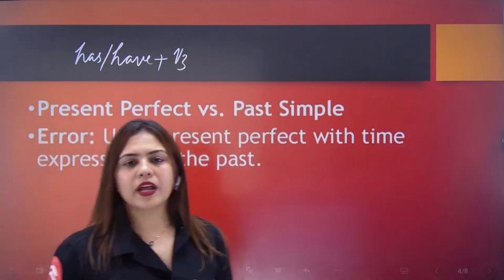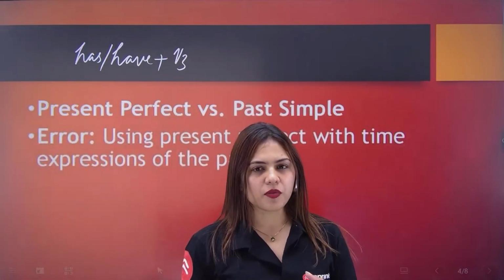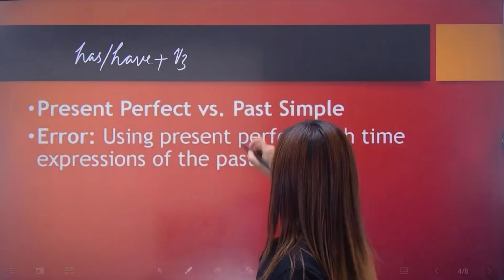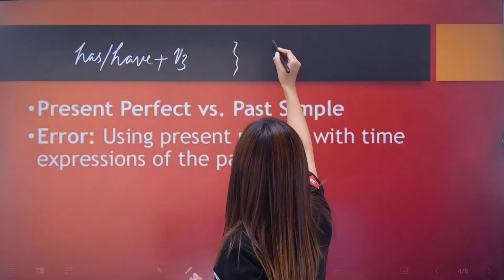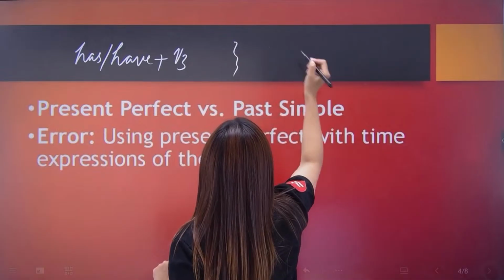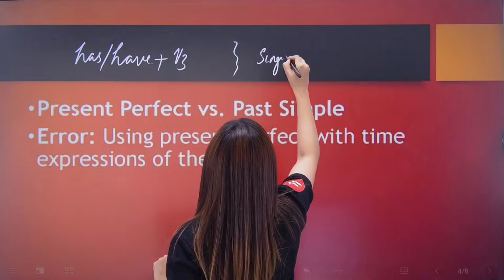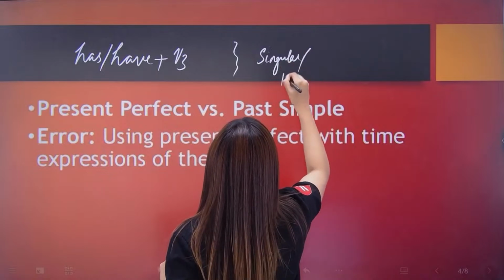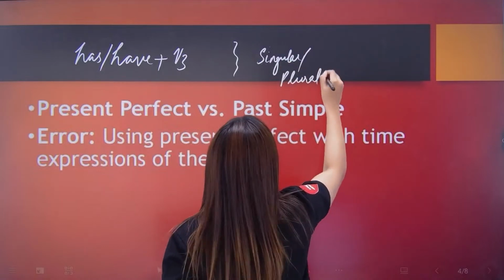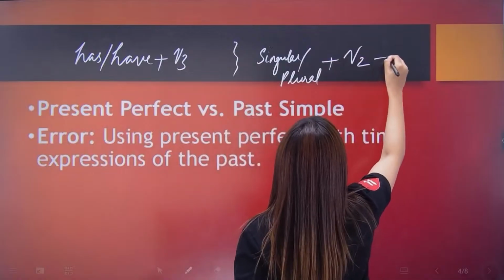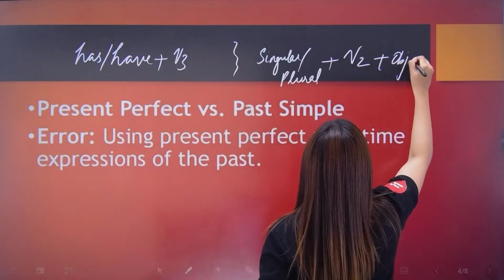For example, break, broke, broken. Broken is the third form of verb, right? And if I'm talking about simple past tense, it is singular or plural, the second form of verb, and the object.